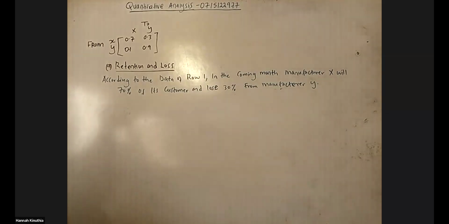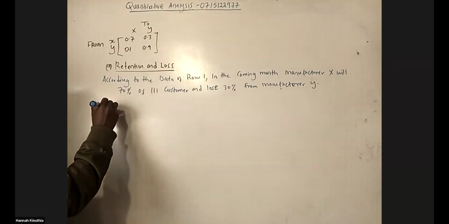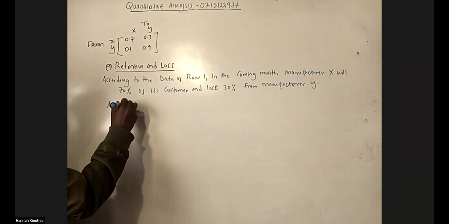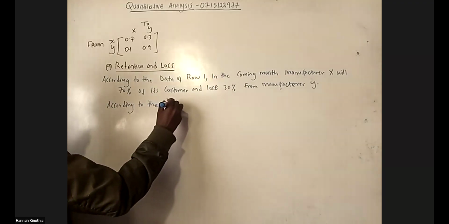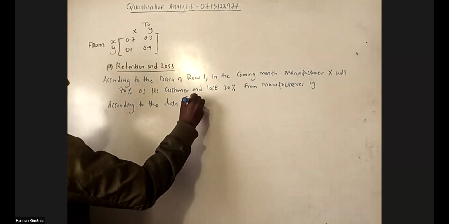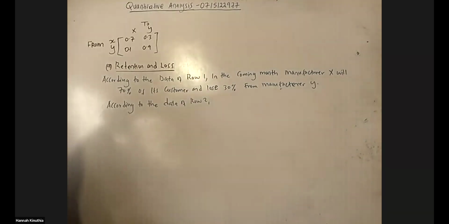What about according to the data of row 2? Let's continue also. According to the data of row 2, now give me that. How much will manufacturer X retain or gain or lose?